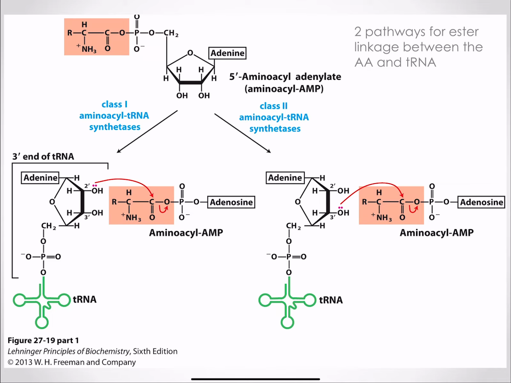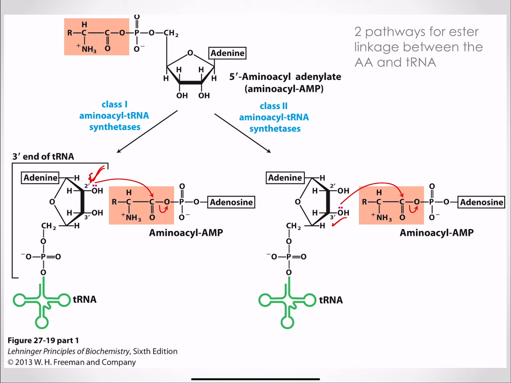Now, this is what's going to lead to the synthetases. Now, again, you have 2 classes of synthetase. Class 1 is where you're going to have the aminoacyl group transferred to the 2' carbon. So here's the 2' carbon shown here, check mark. And then on the class 2, you're going to have the aminoacyl group transferred to the 3' carbon, shown here.